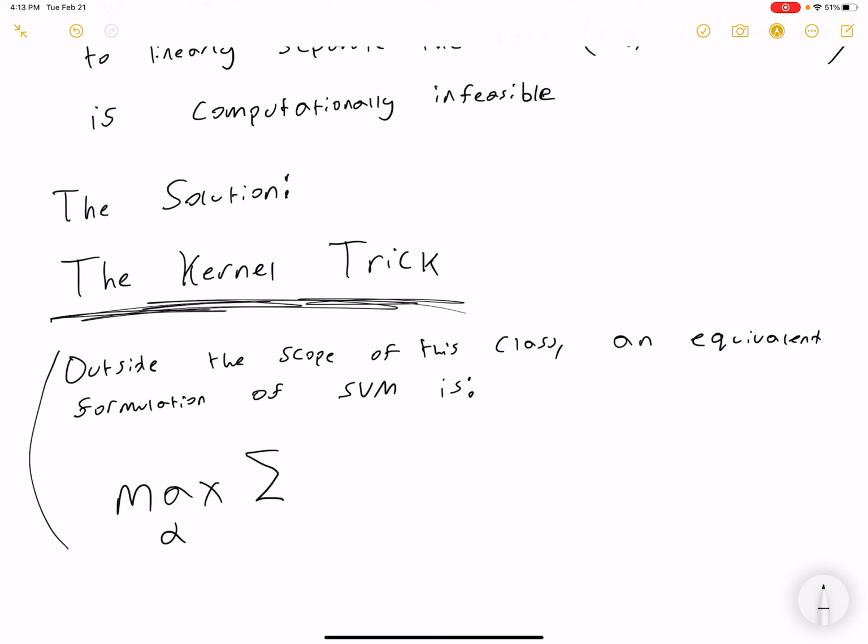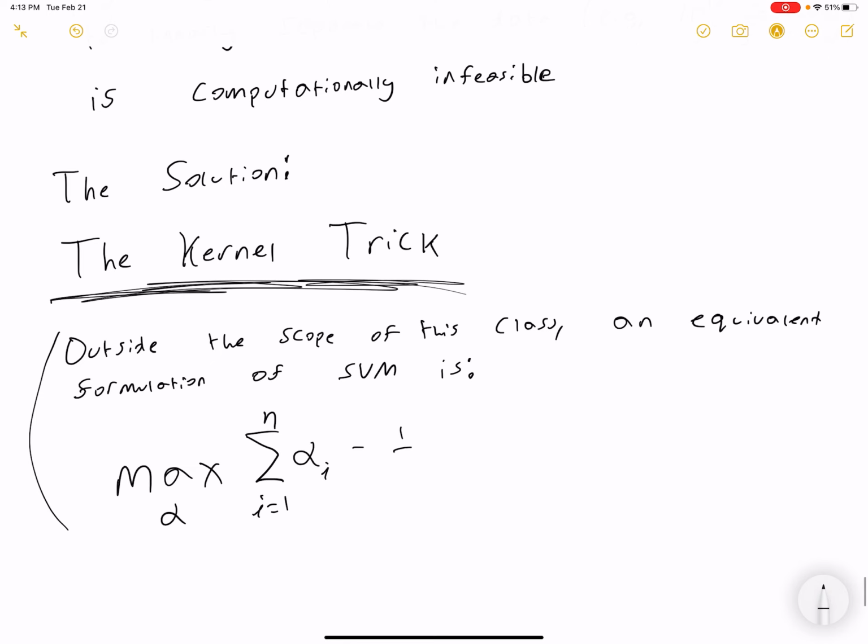And the exact equation here, again, doesn't matter, just a small part of it matters. If you know about Lagrange multipliers, these alphas are the Lagrange multipliers, but again, not a big deal to really understand that.